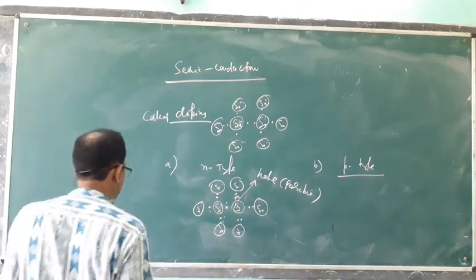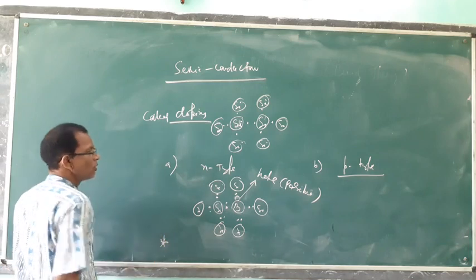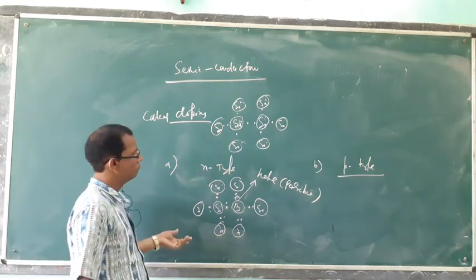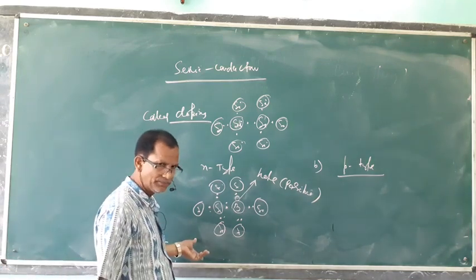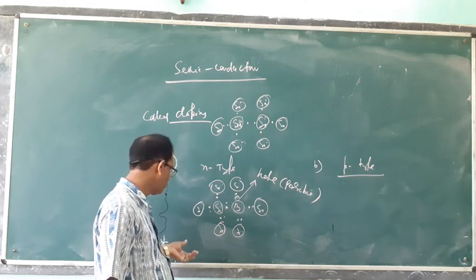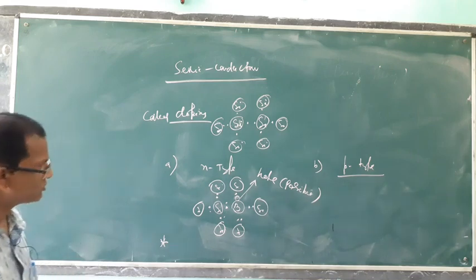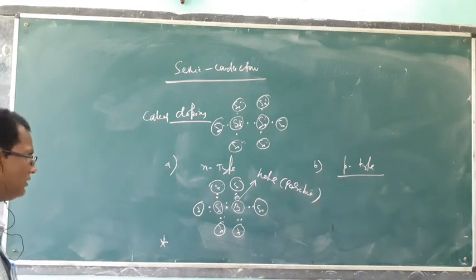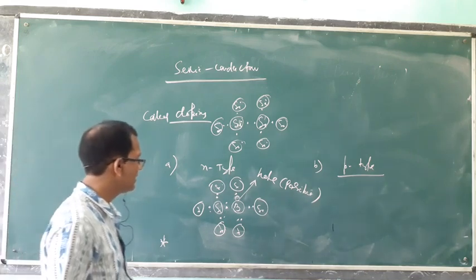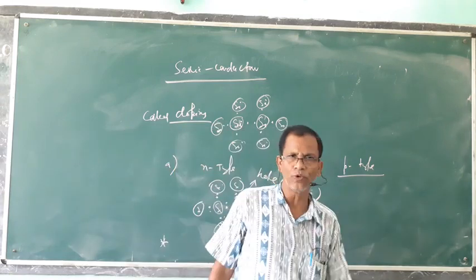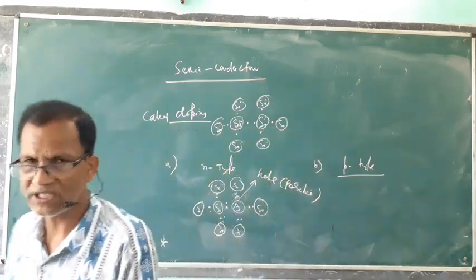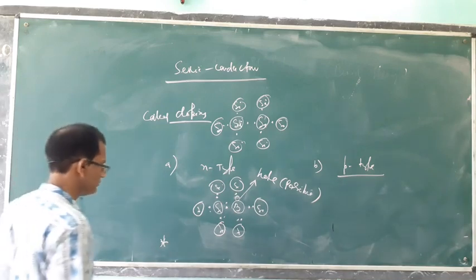So you can write this point down: lower valency impurity produces p-type semiconductor and higher valency impurity produces n-type semiconductor.